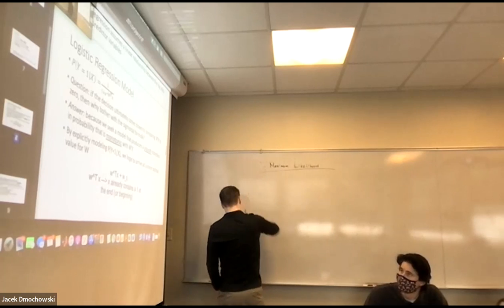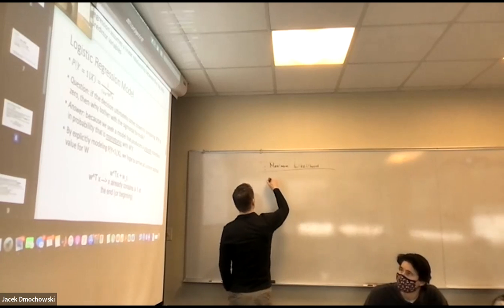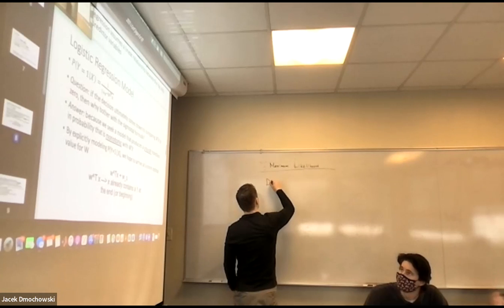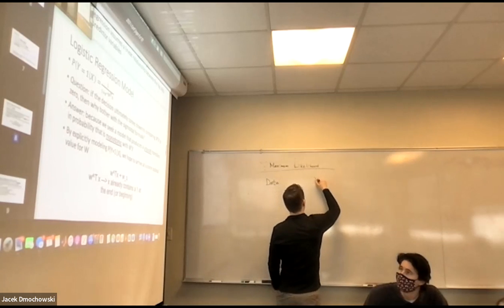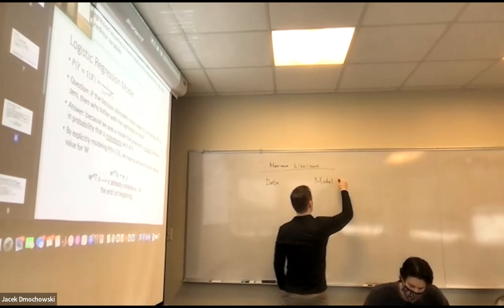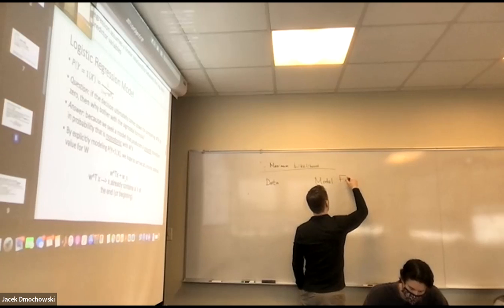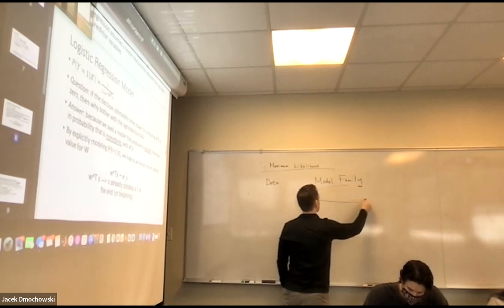Okay. So before we even get into the logistic regression problem, we have some data and we have a model family. So it's literally a family of models. Another way of thinking about it is it's a set of models.